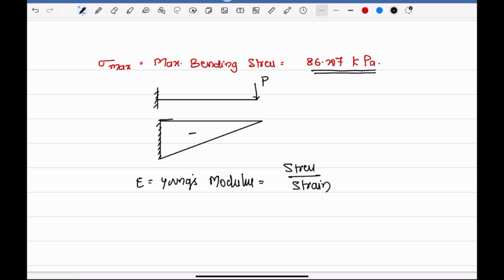We are talking about the elasticity range only. Stress we know, 86.207 kPa. Strain we do not know. The Young's modulus is constant for a particular material. Here, Young's modulus is 200 GPa.